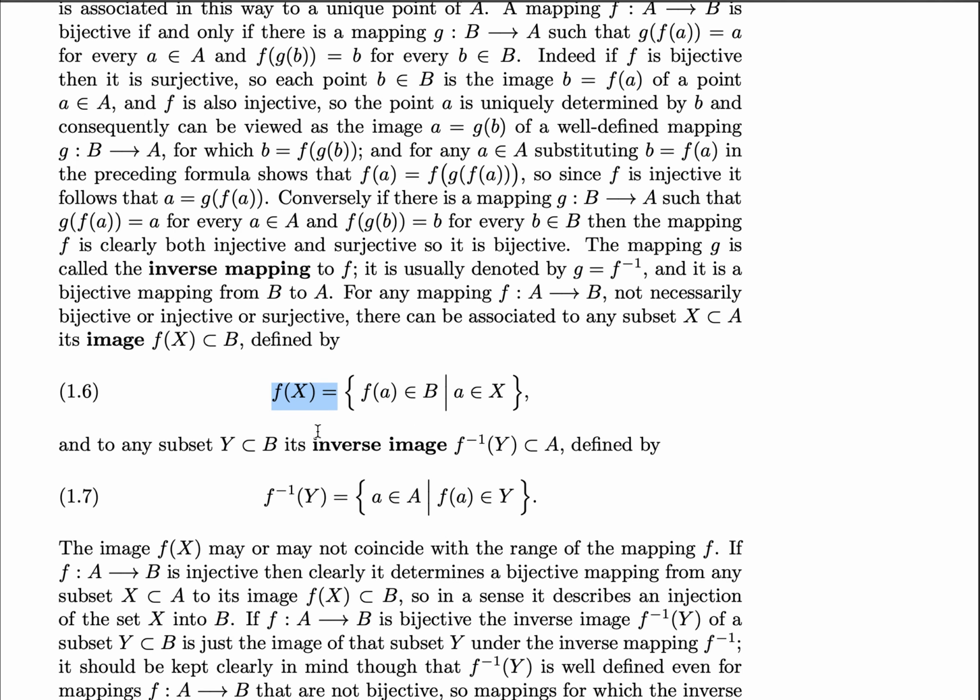Likewise, you can define an inverse image, f inverse of Y, which is a subset of A, where Y is a subset of B, the codomain, defined as the set of all elements within A who serve as the preimage of some element in Y.